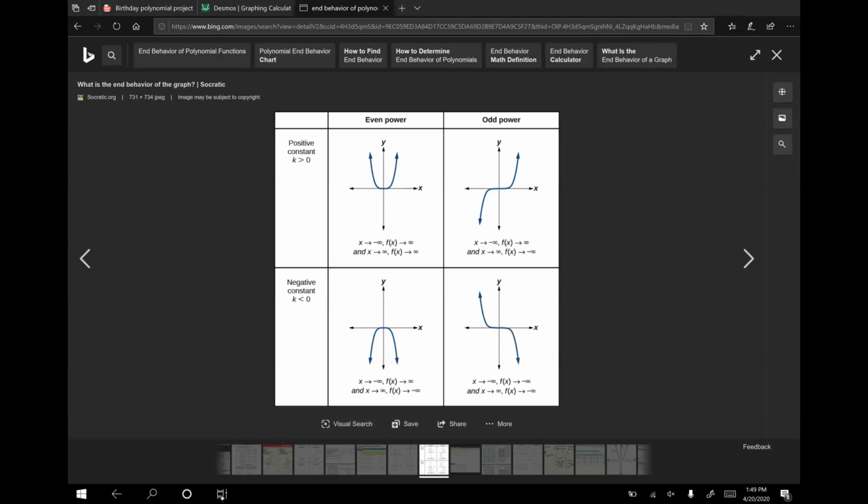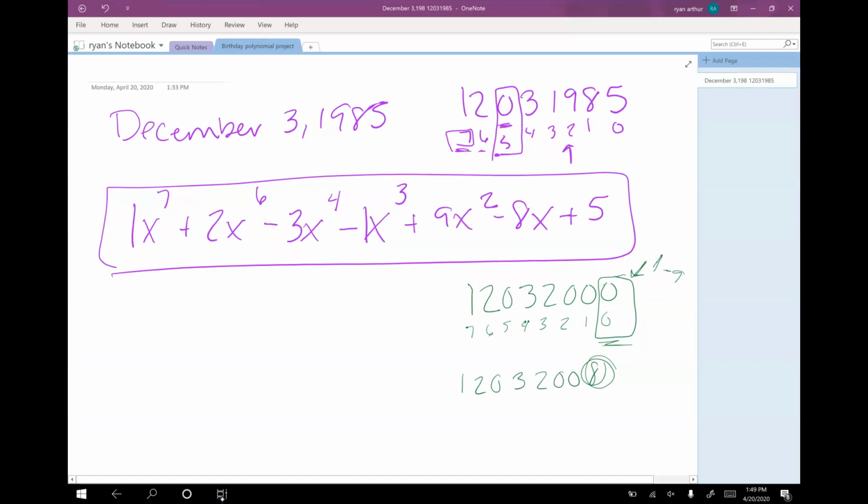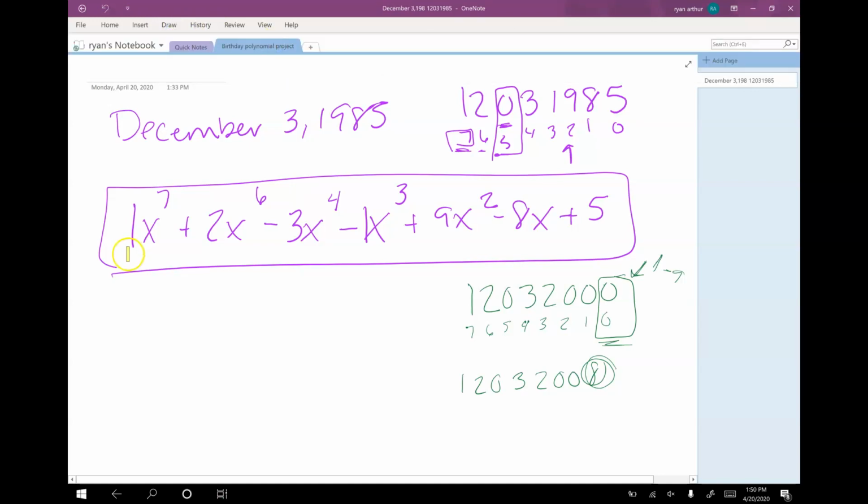That's going to be your top right box, the odd power with a positive constant, which, if you look at the polynomial we created, is what I have. I have an odd degree and a positive leading coefficient. So that makes my end behavior correct.